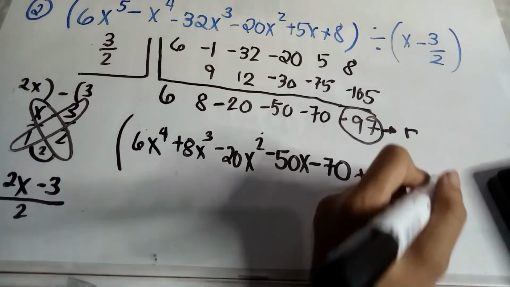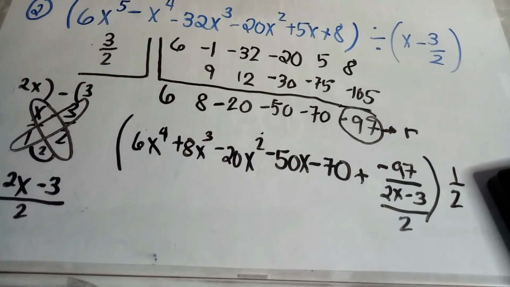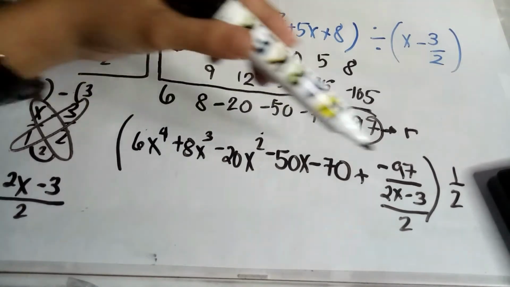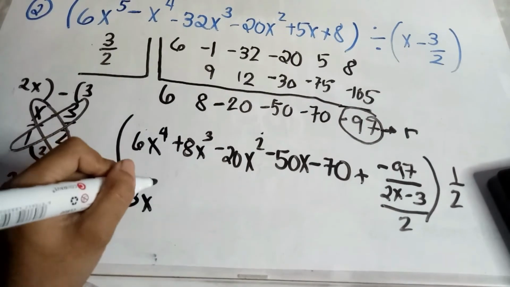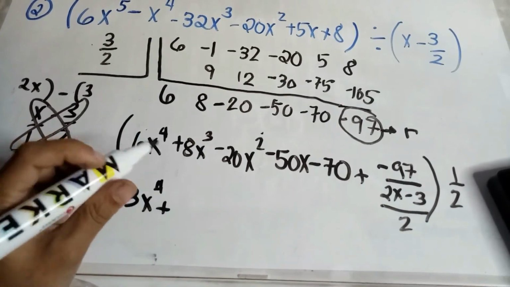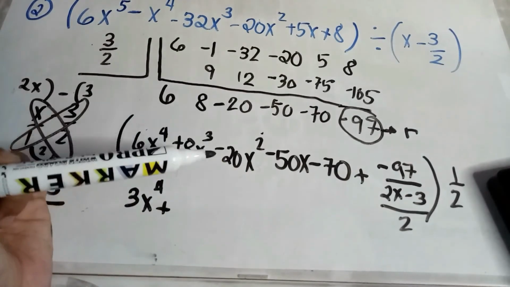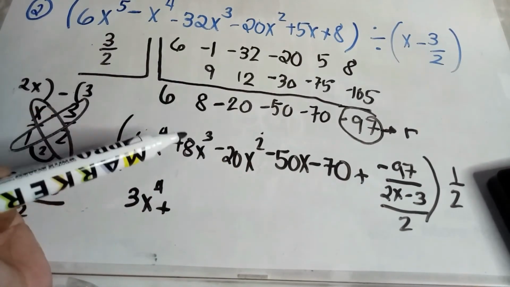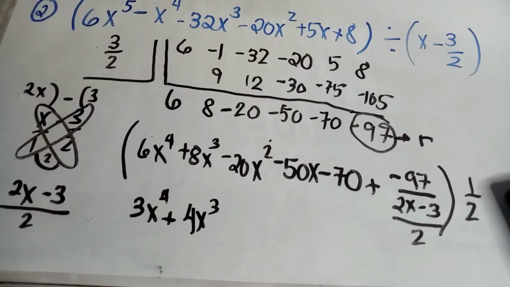So 6 divided by 2, we have 3x raised to 4, then plus 8 divided by 2 is equal to 4x cubed.